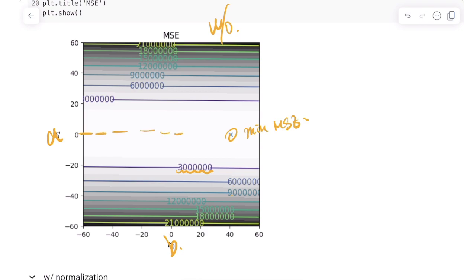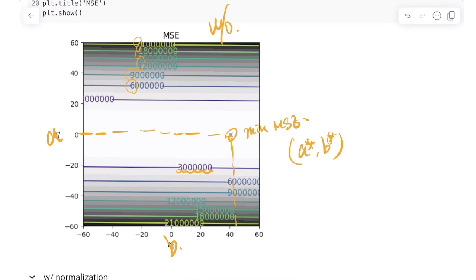It should be some certain A star and B star, right? That is the best MSE value. And in this basin, we have a very large MSE value.